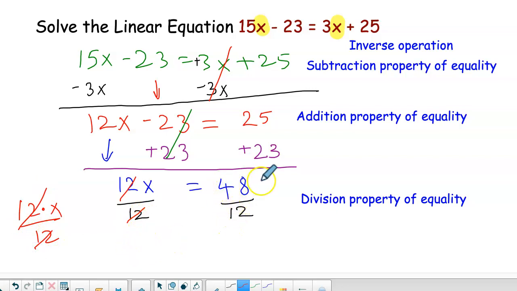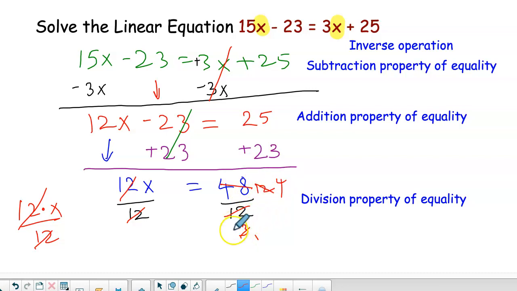Now here 48 divided by 2. So how many times can 2 divide 48? It is 24 times.